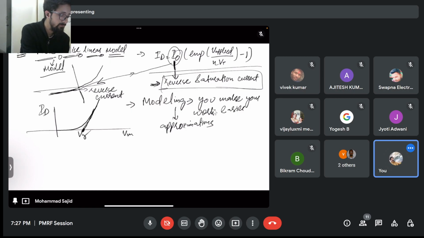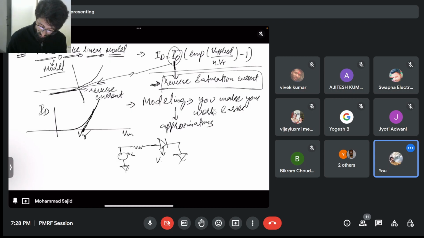Then you say that if you have a diode, a resistor, and an input voltage, you replace the diode with this cut-in voltage. It is an equivalent circuit, like I said about the equivalent circuit in the first slide.